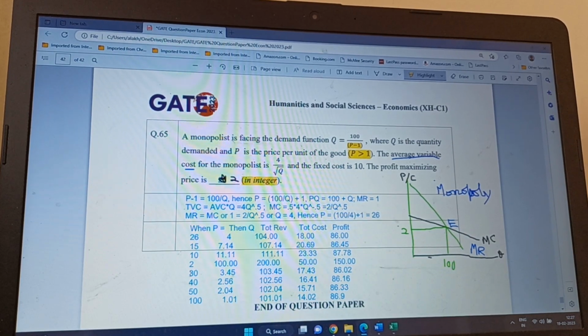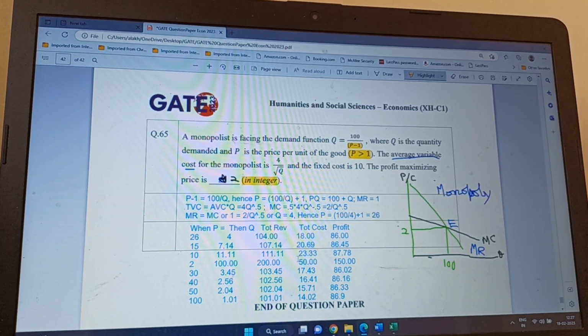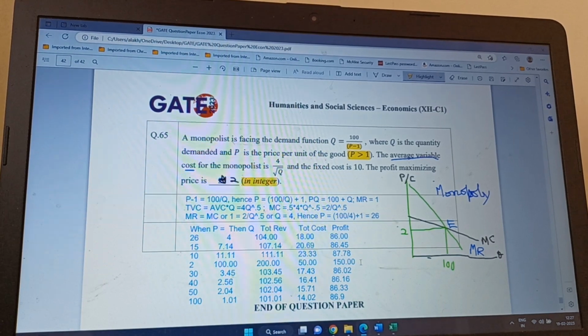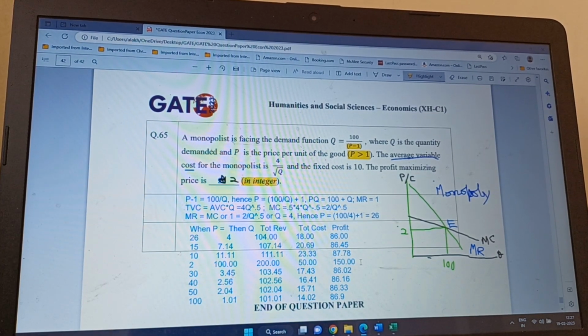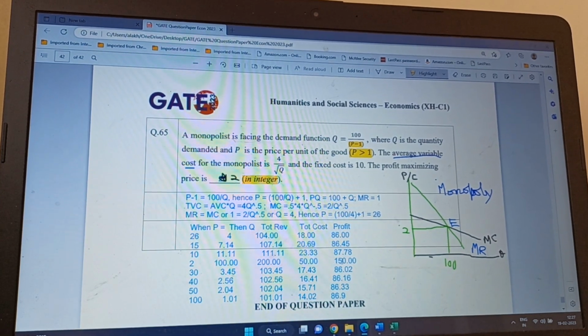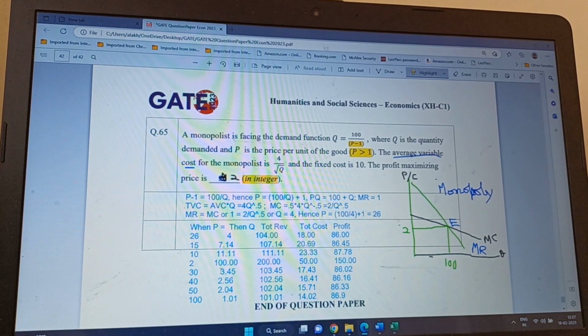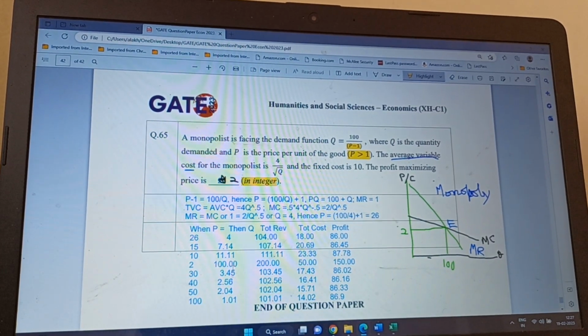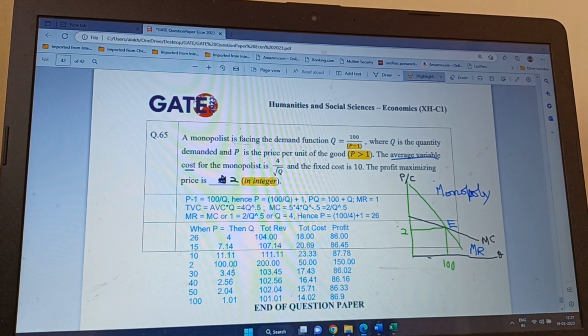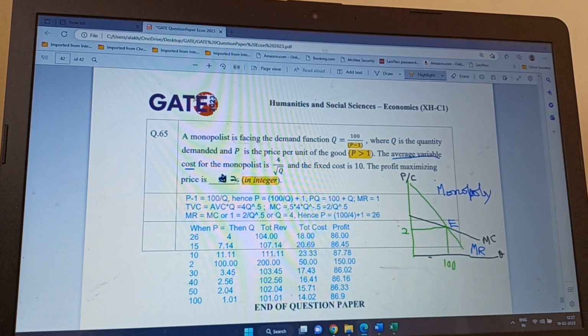And that's why I used 2 to calculate this simulation. I found that actually profit was maximum, 150, when P was 2. If I put P as 1.10, then this profit becomes actually 9,600 and Q becomes 10,000. But then it says integer, so the correct answer is actually 2.